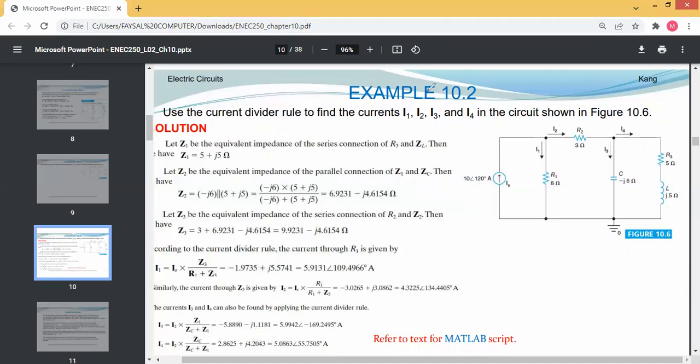So my I1 value will be equal to the source current, that is my IS, multiplied by, now this is my I1. Where is I1? I1 is here.